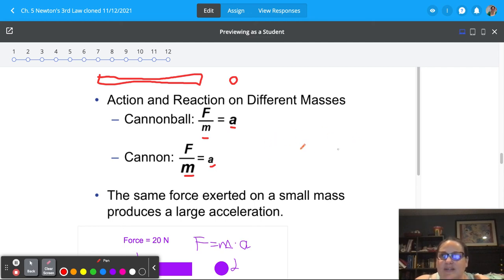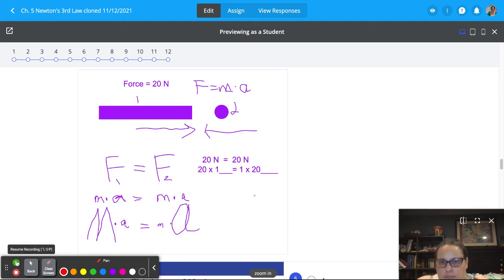But the more equally sized they are, the more kickback you're going to feel. That's essentially what's happening with the cannon and the cannonball: the cannon will actually recoil. It'll come back towards you as the cannonball fires, though not as much as the cannonball. If you shoot any kind of projectile, even a paintball, the paintball goes really fast. The gun comes back at you, but not as fast as the paintball. That is due to the difference in the two masses, but the force is the same on each.